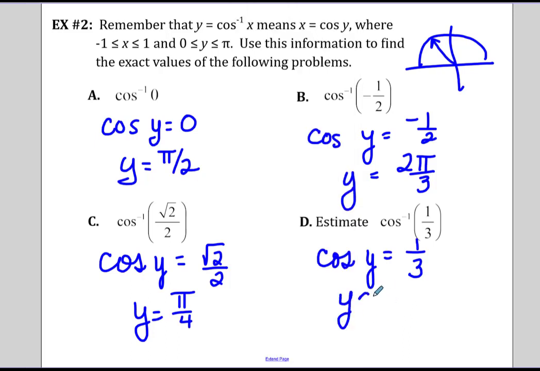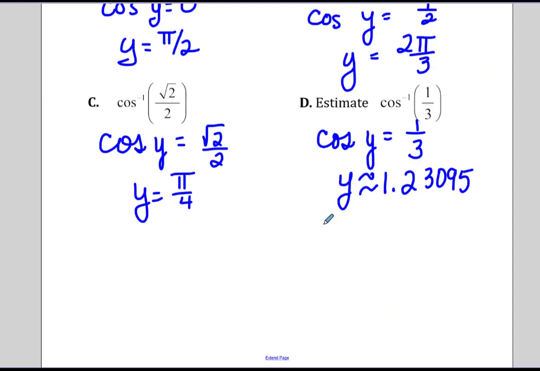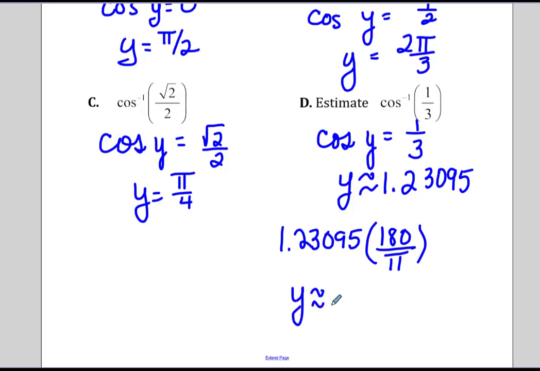So if you wanted to, you could answer in radians, 1.23095. And if you wanted to convert that to degrees, then we would want to multiply that answer times 180 and divide by pi. And that value as a degree would be about 70.5287 degrees.